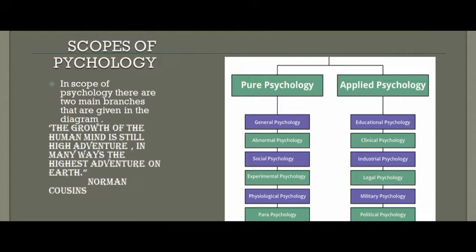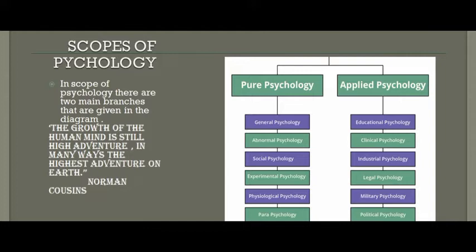Like in BA we are studying abnormal psychology. Then in MA also we will study abnormal psychology. In this we will study different types of mental disorders like Alzheimer's, schizophrenia, OCD, obsessive compulsive disorder, and many other disorders. So this is your pure psychology, in which you only study, right?